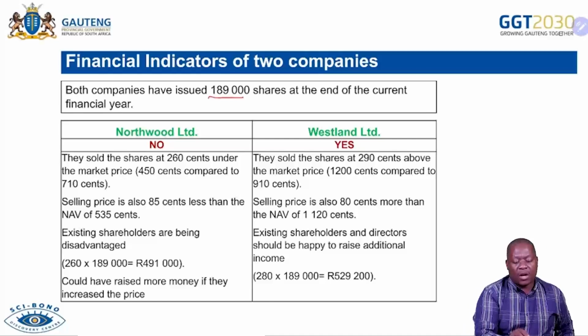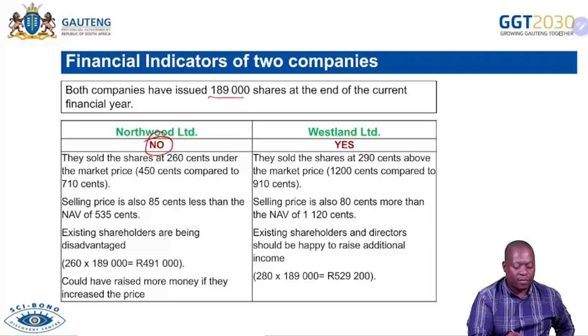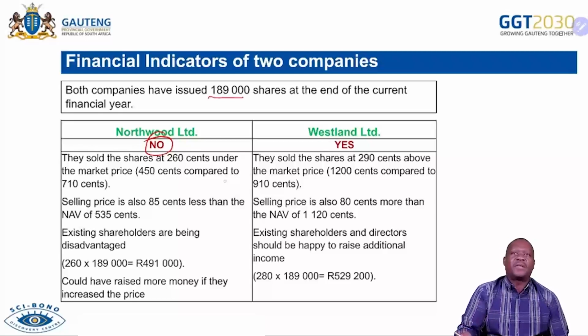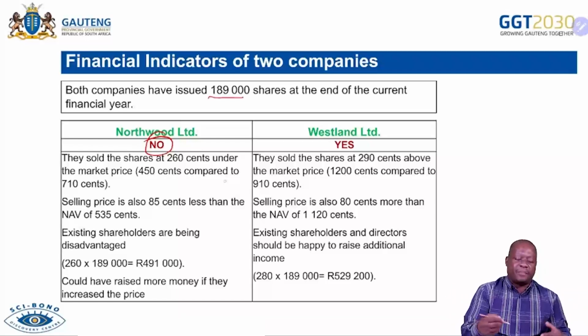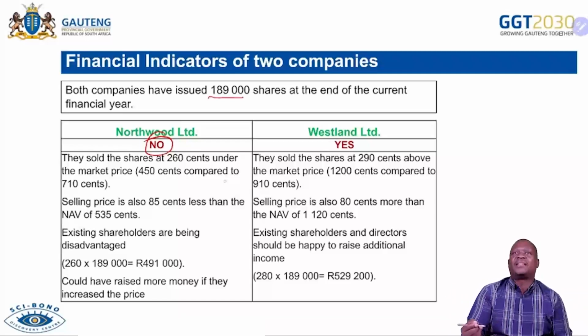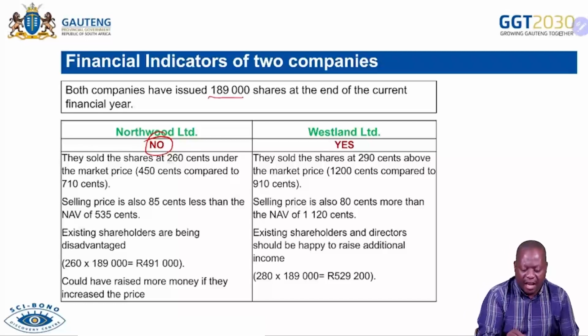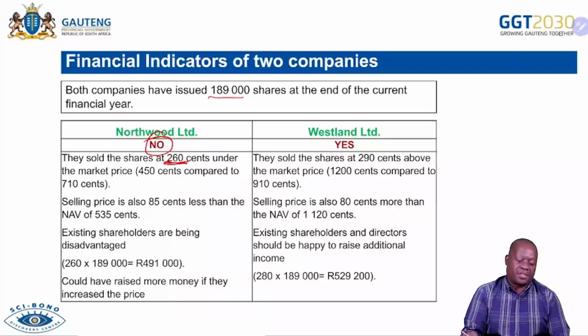When we go to Northwood Limited, there is a problem there. They sold shares at 2.60 rand under the market value. There's no need to be selling shares at a price lower than the market value. How many cents under the market value? 260 cents under the market value.